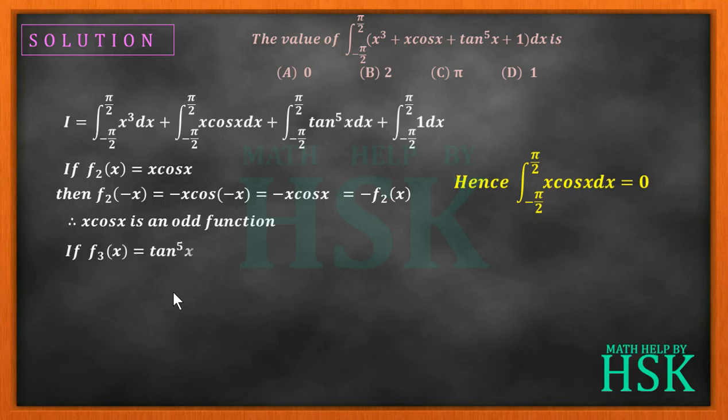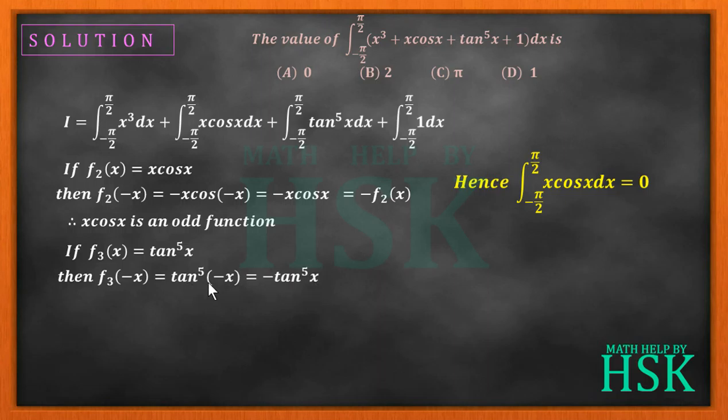Similarly, f3(x) is equal to 10 power 5 of x. If we assume that f3 of x is equal to 10 power 5 of x, then f3 of minus x is equal to 10 raised to the power of 5 of minus x, which is equal to minus 10 raised to the power of 5x.